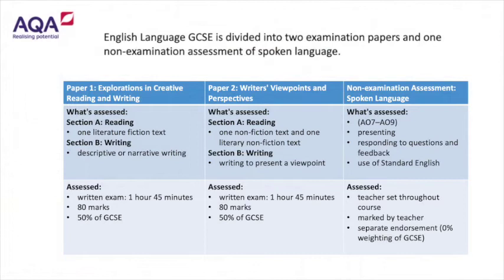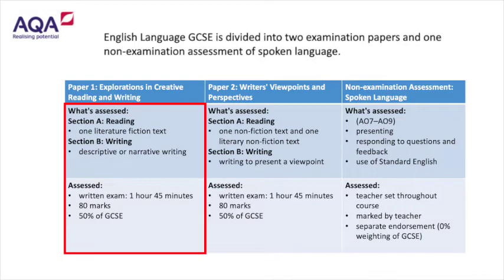So, let's have a look at the English GCSE. This is divided into 2 external examinations and 1 internal non-examination assessment of spoken language. Paper 1 will focus on explorations in creative reading and writing. This paper is split into 2 sections.